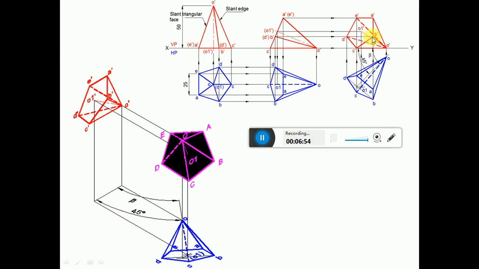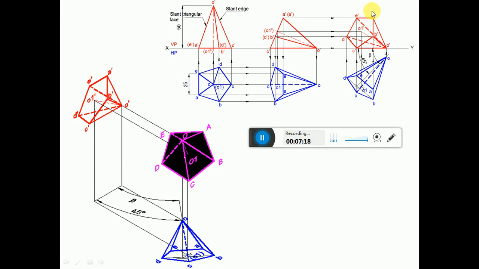Now since B dash is not on the boundary, from B dash you have three edges emanating out from B dash. One is B dash C dash and the other one is B dash A dash and B dash O dash. From this point B dash C dash and B dash A dash is already visible.